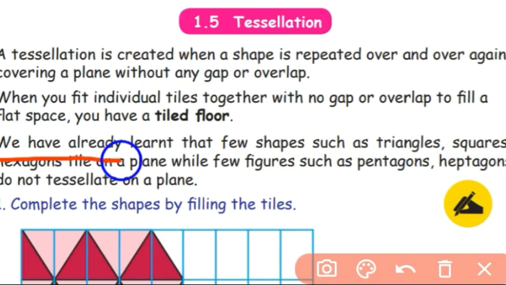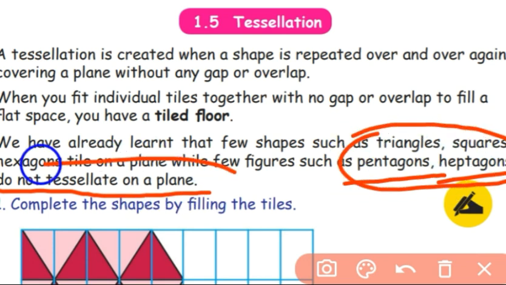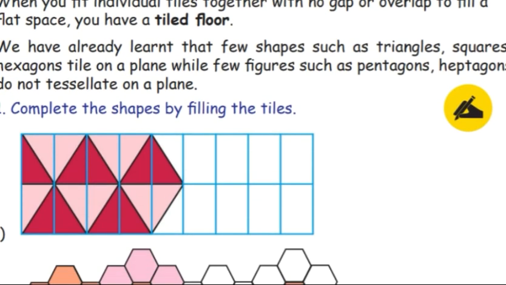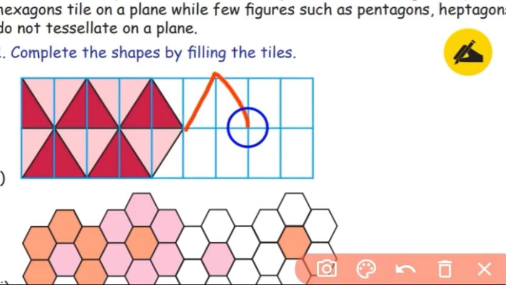So we have already learned that a few shapes such as triangle, square, hexagon tile on a plane, while a few figures such as pentagons, heptagons do not tessellate on a plane. These are the shapes that do not tessellate on a plane. Complete the shapes by filling the tiles. So you have to draw like this and you have to color.